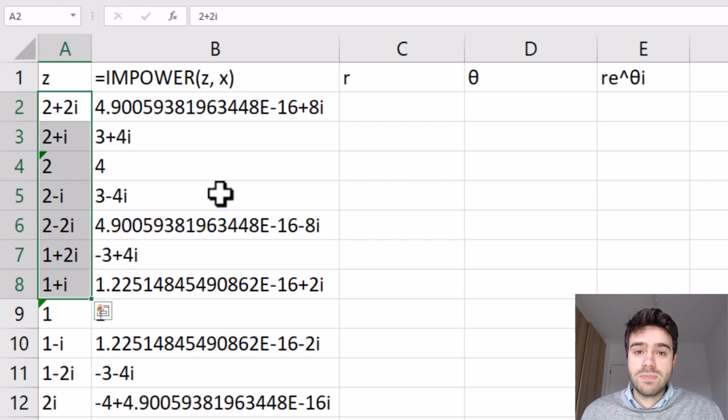Now on the complex plane, the x-axis represents the real part and the y-axis represents the imaginary part. So for this, we will have to calculate the modulus and the argument of our complex number.